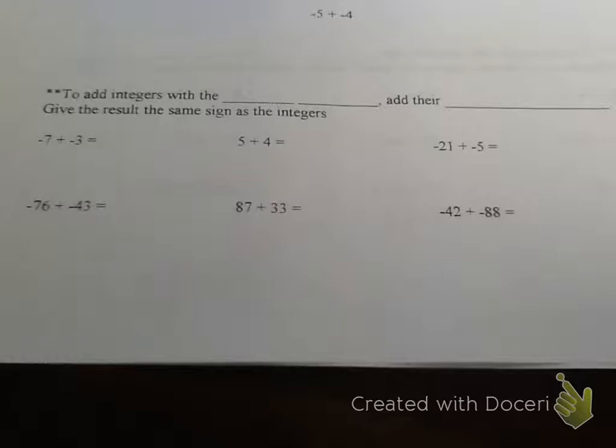Alright, so to add integers with the same sign, add their absolute value, and give the result the same sign as the integers.